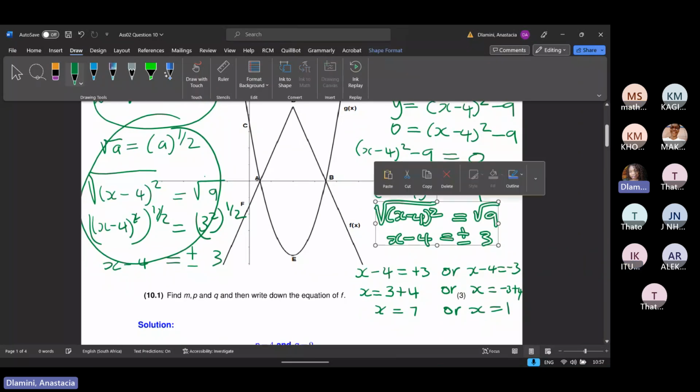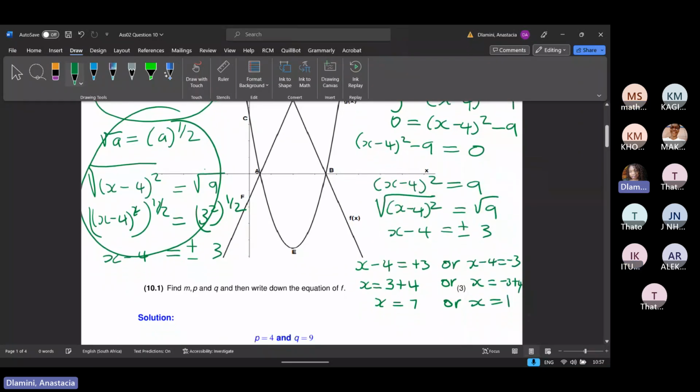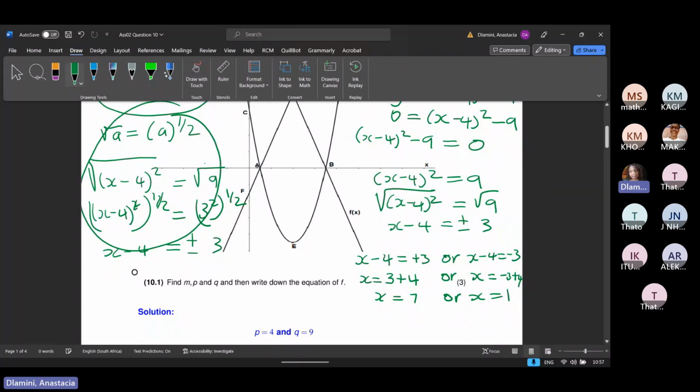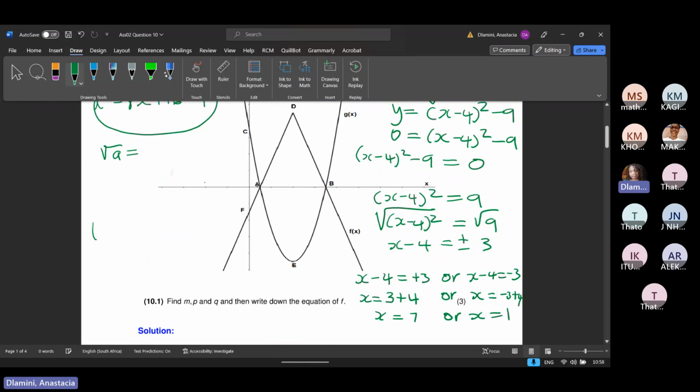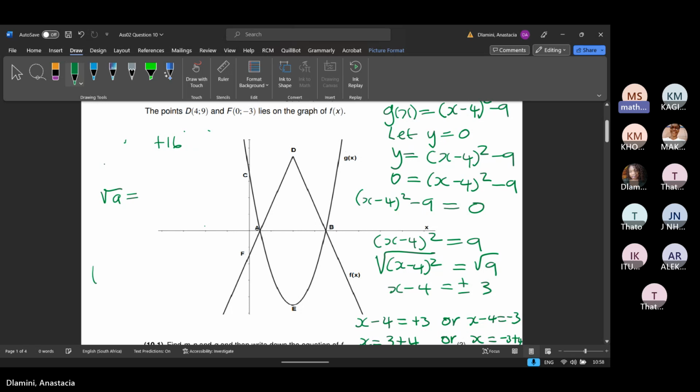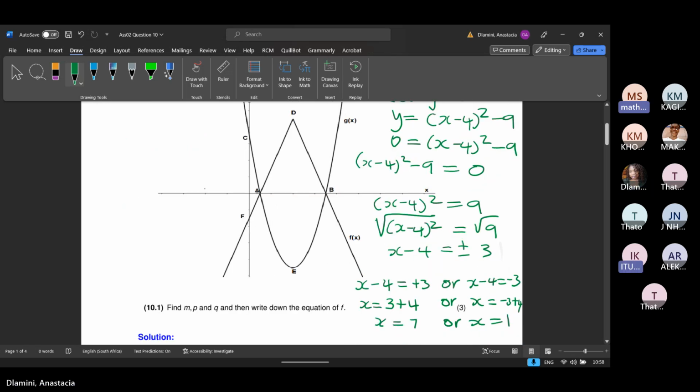So how do I decide? I have 7 and 1 here. How do I decide? Please help me. The lowest one is the first one, and the highest number is the last one. What if the graph was on the other side? I think the same applies.